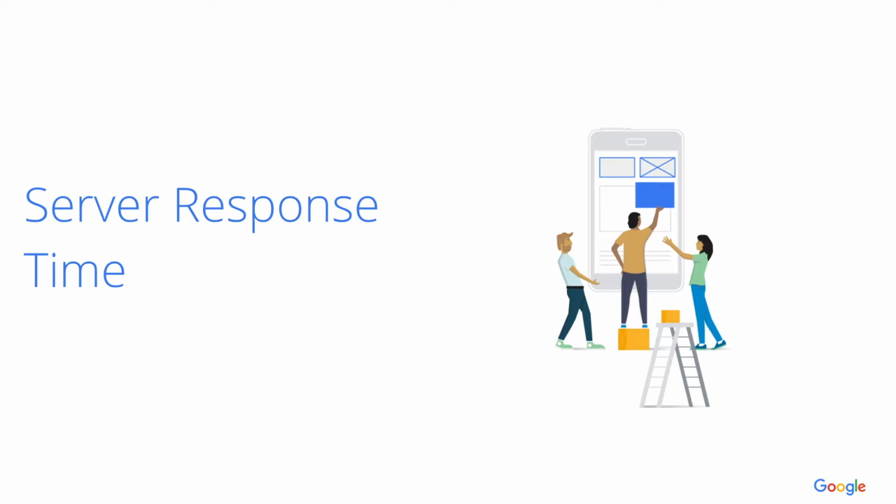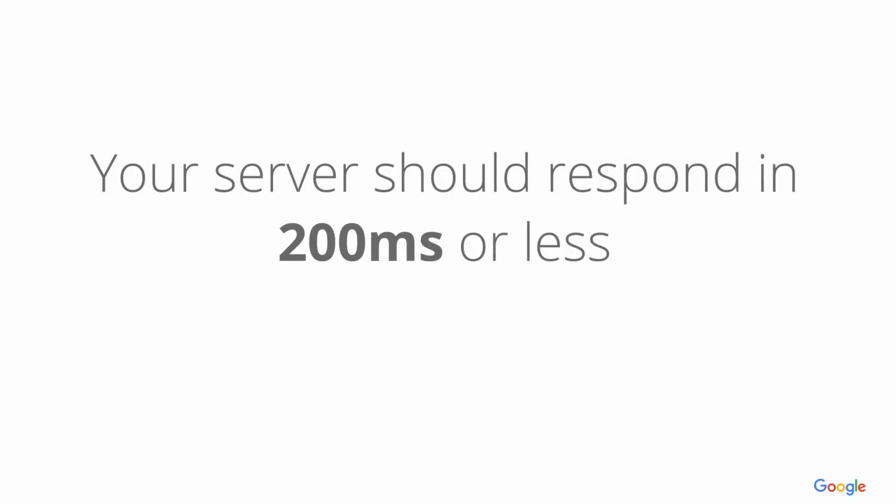Let's talk about a way to optimize your website through the server response time. In this presentation, I will talk mostly about front-end optimization, but a couple of words about how to optimize the server response time.